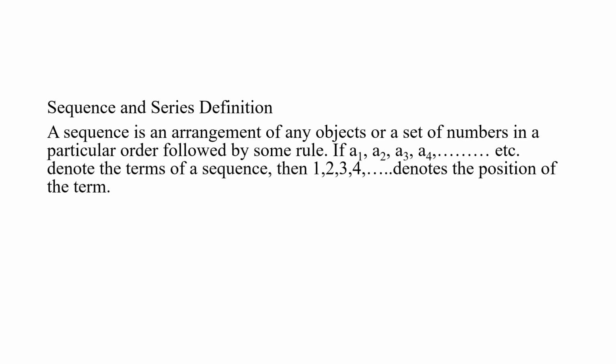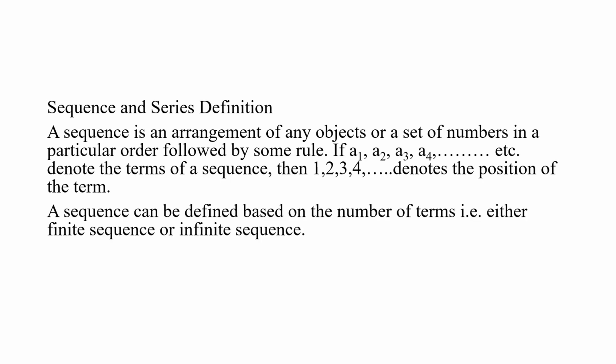Now, definition of series and sequence. A sequence is an arrangement of any objects or a set of numbers in a particular order followed by some rule. If A1, A2, A3, A4, etc. denote the terms of a sequence, then 1, 2, 3, 4 denote the position of the term.